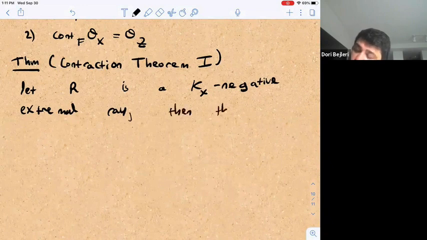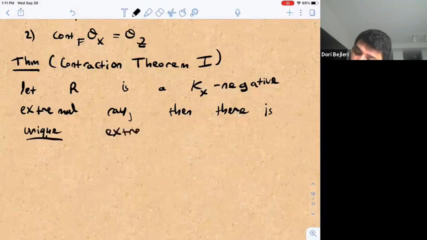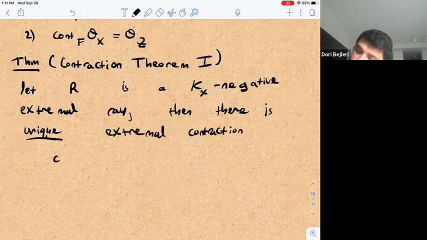Then there is a unique extremal contraction of this ray.